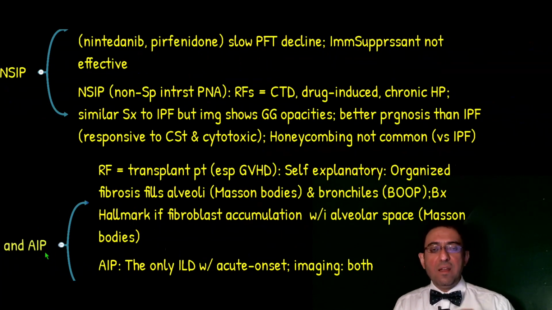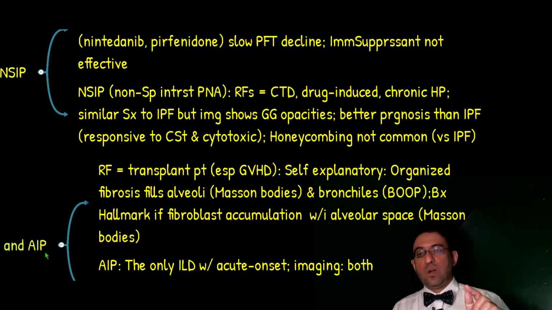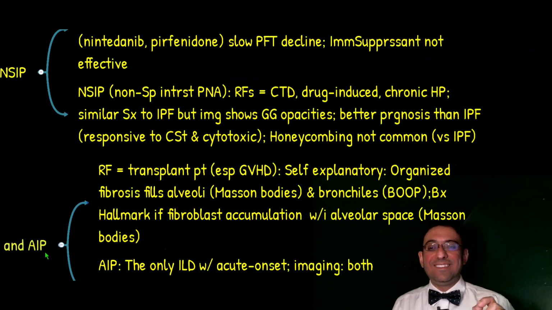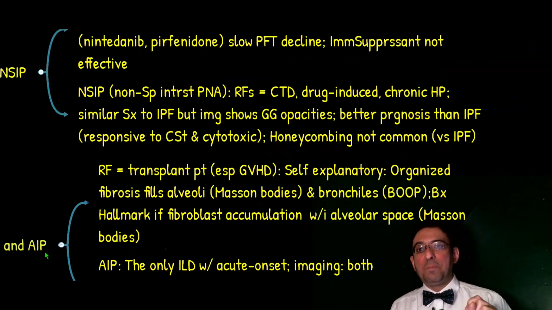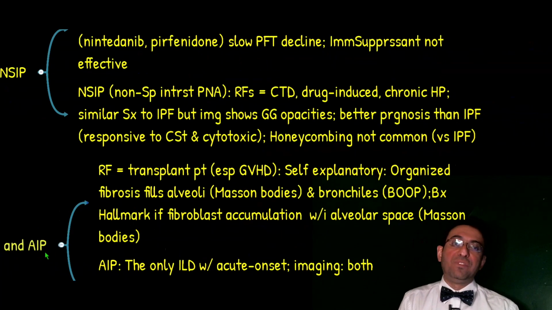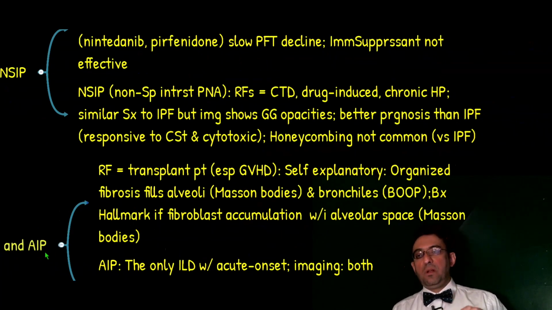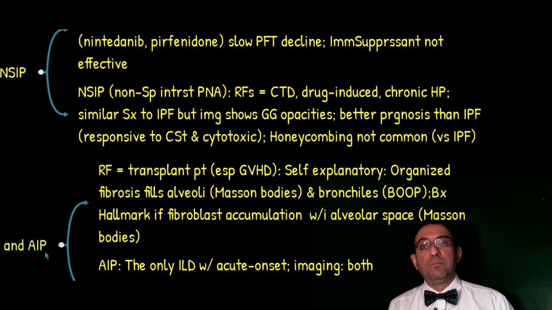Now, a very important risk factor, if you remember just one thing for the risk factors of this condition, is that it is seen in transplant patients, specifically those with bone marrow transplant who contract graft versus host disease. Put simply, a restrictive lung pattern in a patient after bone marrow transplant is BOOP unless proven otherwise.